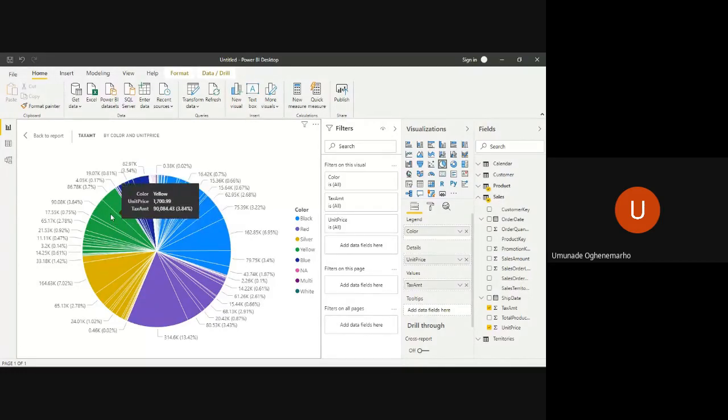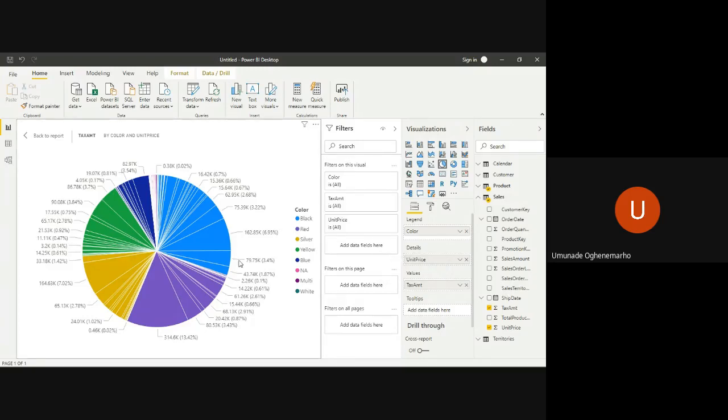So every single tax amount under the unit price of everything here gets highlighted. Remember, when this appears in a table, let's not forget it's still our data, the rows that have black would have more than one black, for instance.